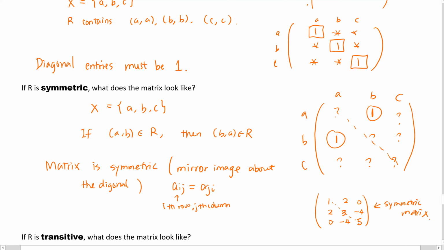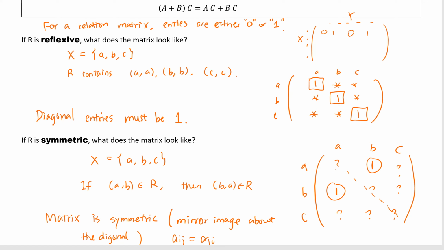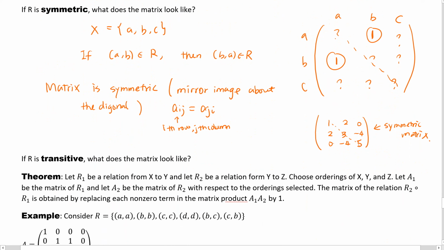And you can also see that for a relation matrix, the entries are either 0 or 1, which is an easier kind of entry. If the entry corresponds to elements that are related, then we fill with 1. If they are not related, then we fill with 0.